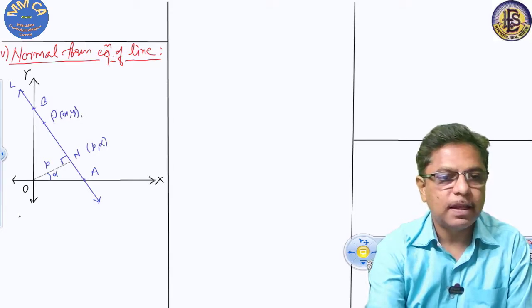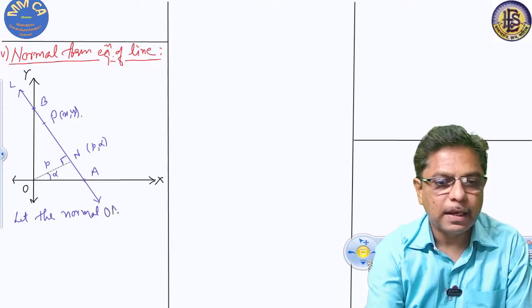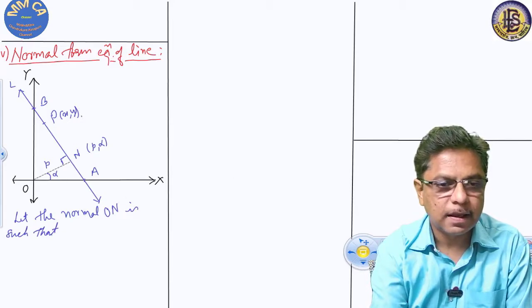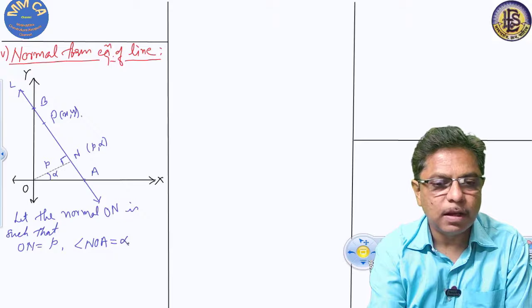Let the normal ON be such that this ON is equal to small p, its length, and angle NOA is equal to alpha.